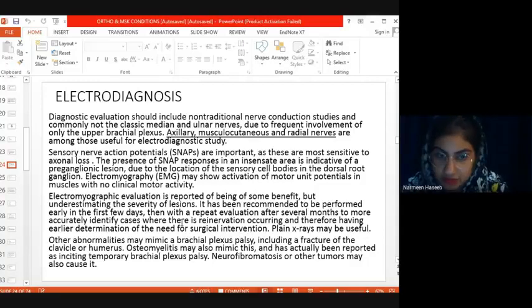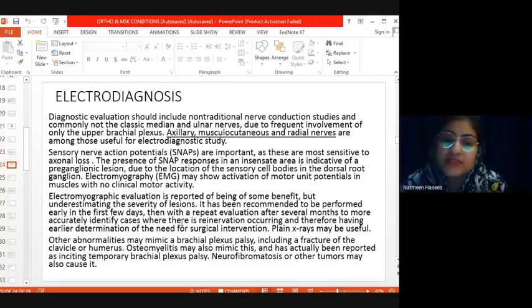Plain x-rays may be useful. So you see electromyographic evaluation is of benefit in order to know about the lesions, but sometimes it does not tell you about the severity of the lesions.